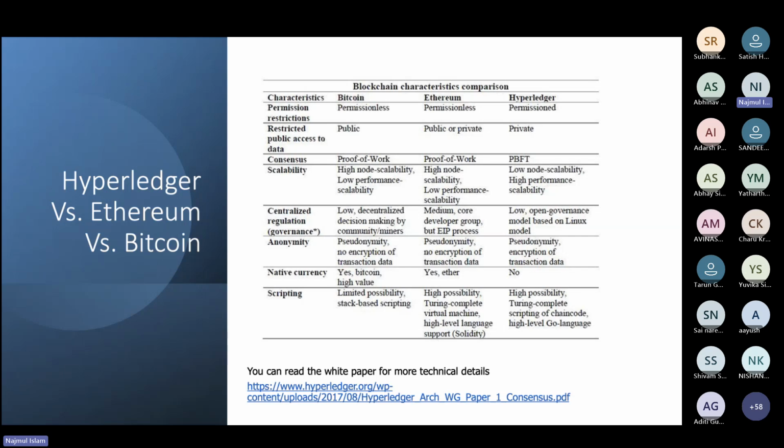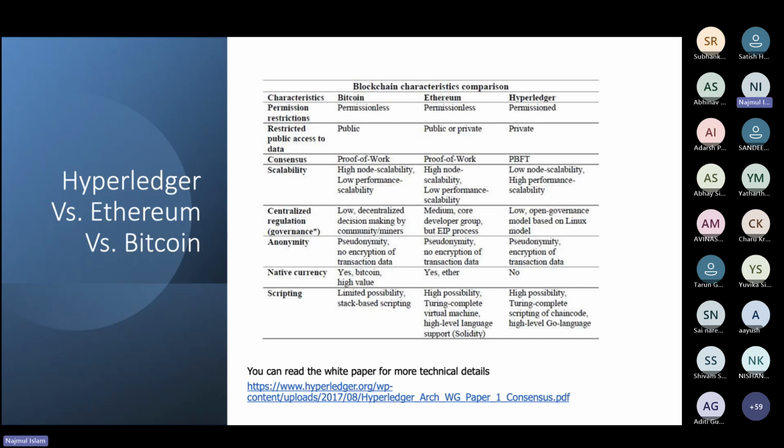And of course, you can also take a look at this anonymity. Bitcoin follows this pseudonymity, and then Ethereum also pseudonymity, and then Hyperledger, of course, it is possible to have this pseudonymity, but you can also know the participants.